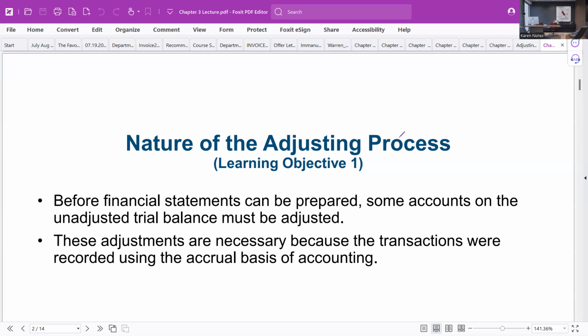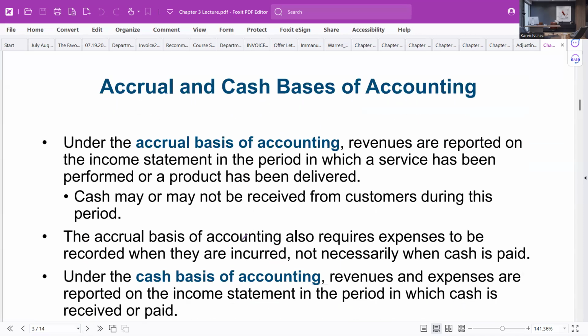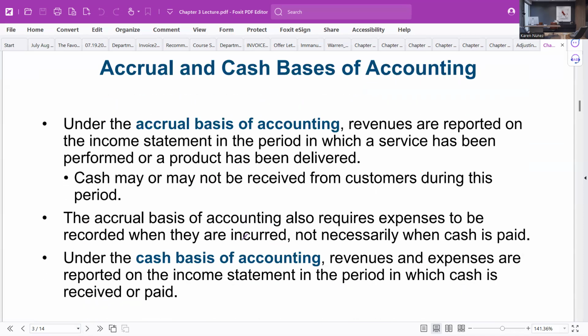So before we prepare our financial statements, we've got to make sure that we've brought the books up to date, that we've recognized all the revenue and all the expenses that need to be reported on the income statement.